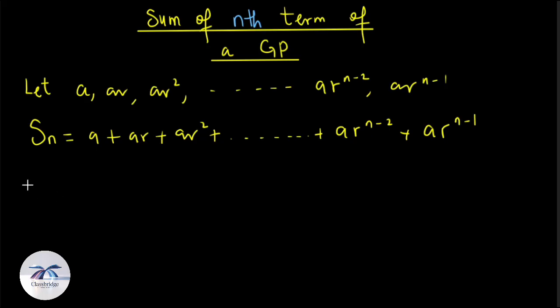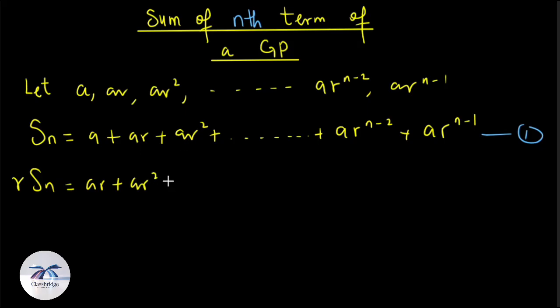Let me call this equation 1. I want to derive another equation by multiplying Sn by R. If you multiply Sn by R, the first term A is multiplied by R, giving AR. The next one by R gives AR squared.